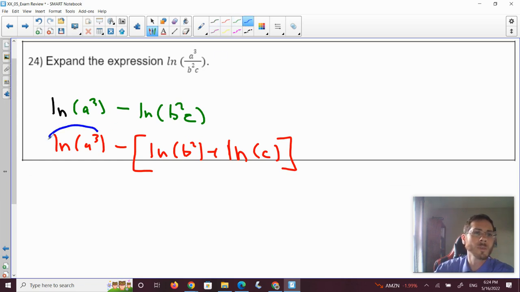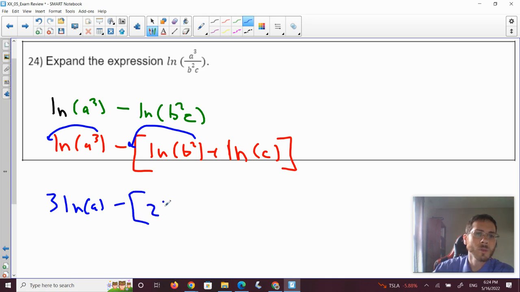So first, I'm gonna take these exponents and put them outside. So 3 ln of a minus 2 ln of b plus ln of c. And now I can distribute.